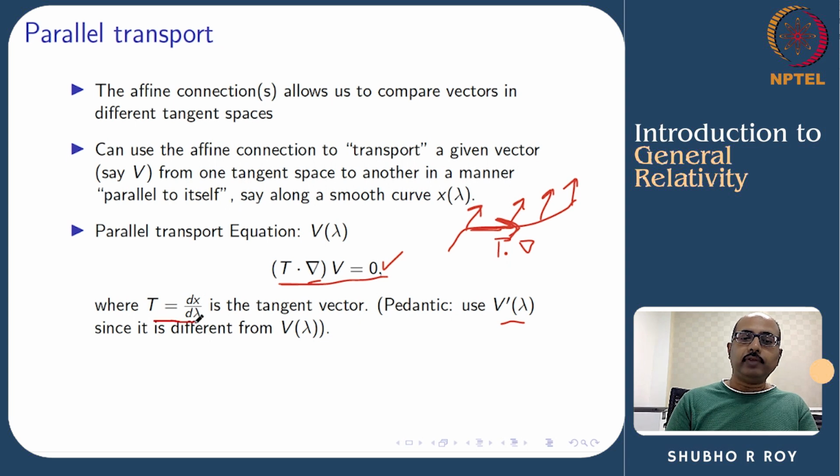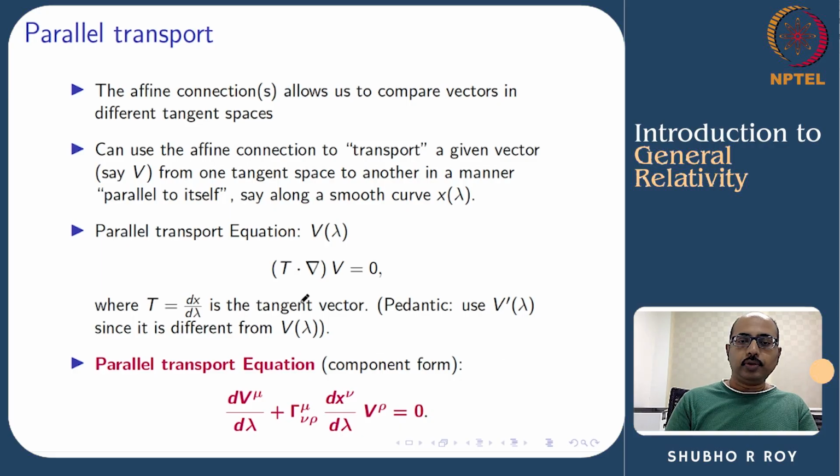T is the tangent vector. So let me write this in components. T dot del will become T alpha del alpha. And then we have to operate on V. So del alpha acting on V we have already written.